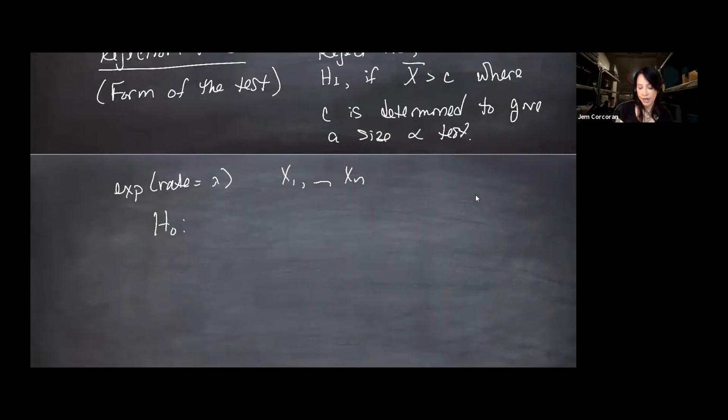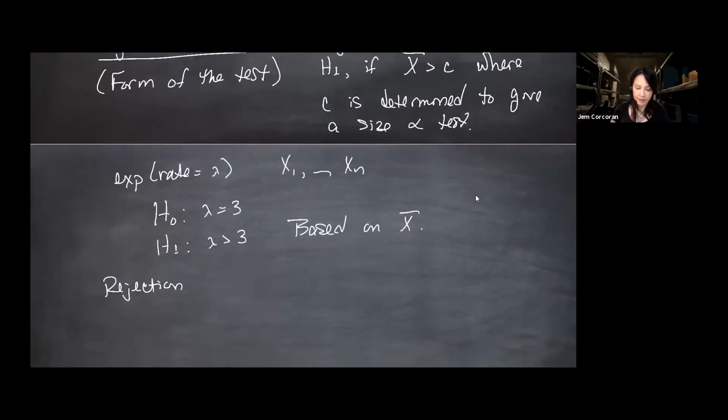And suppose we're testing whether or not lambda is 3 versus the alternate hypothesis that lambda is greater than 3. And suppose we're making a test based on X bar. So your rejection rule or region, you want to look at this X bar and you want to look for evidence that the alternate hypothesis is true.